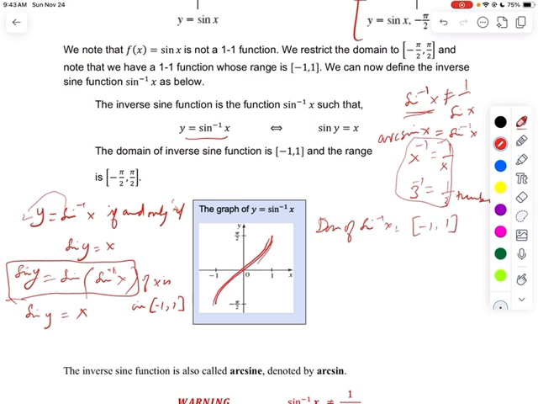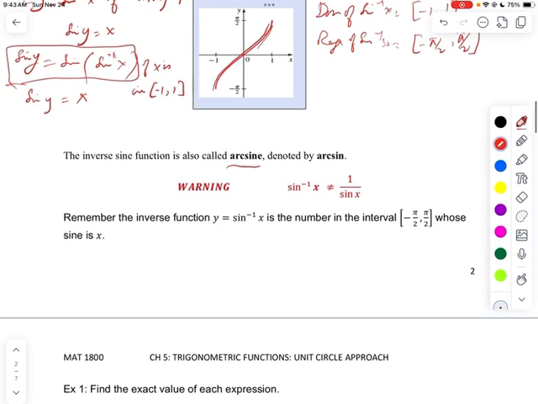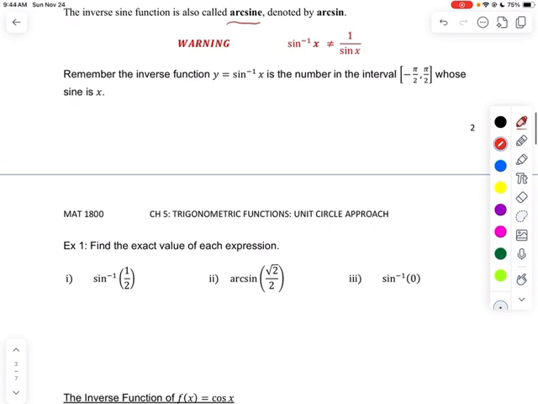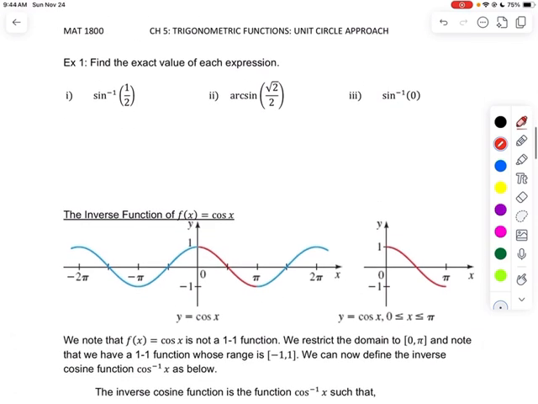So for the inverse sine function y equals sine inverse x, one thing you must know is that this holds if and only if sine of y is equal to x. Note here, this sine moved over there and the inverse went away. When we apply sine to this equation, the sine and sine inverse cancel each other and we get x.